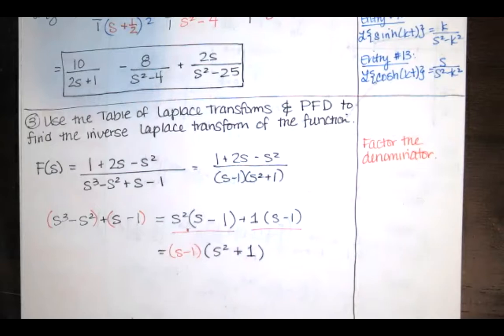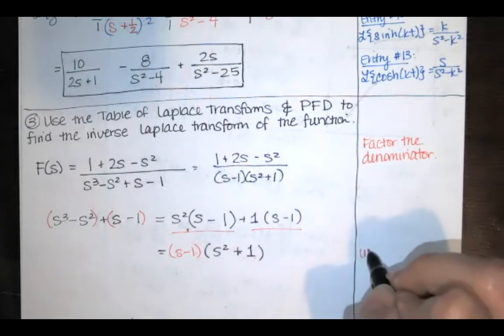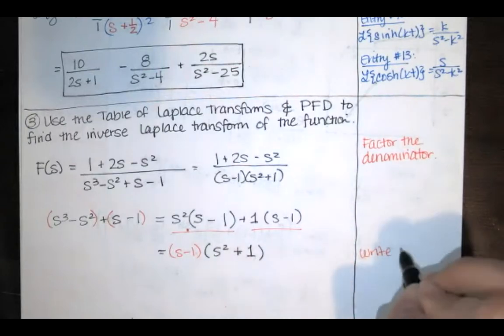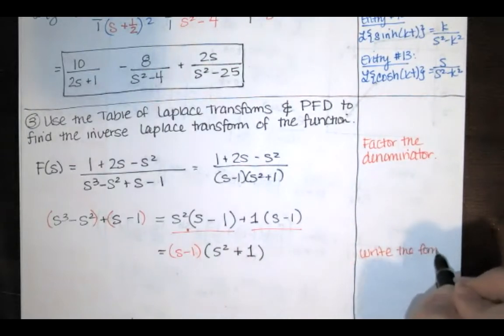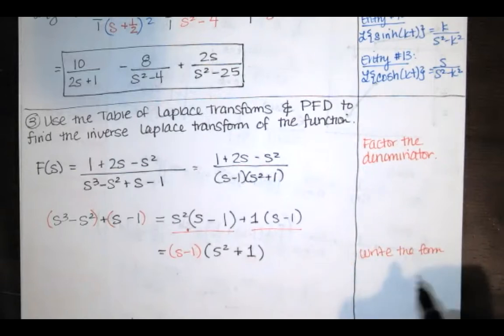Now, once you've done that, you want to write this in the appropriate form for its partial fraction decomposition. Okay, so we'll write down the form of the partial fraction decomposition for f of s.